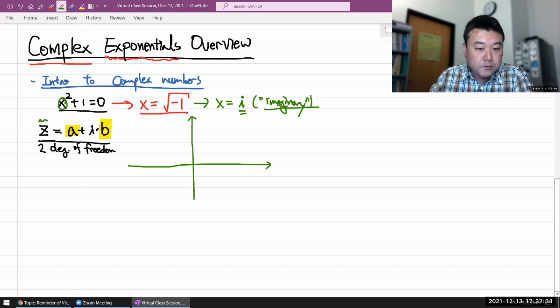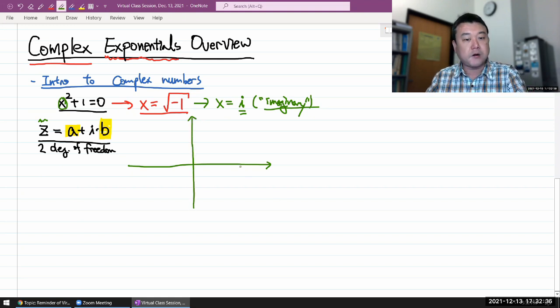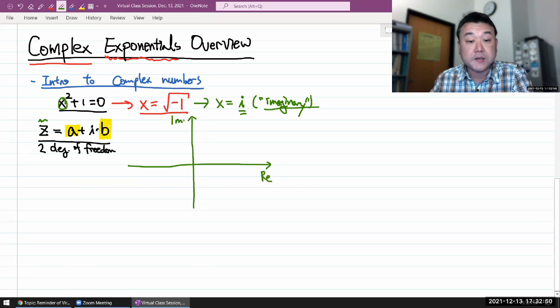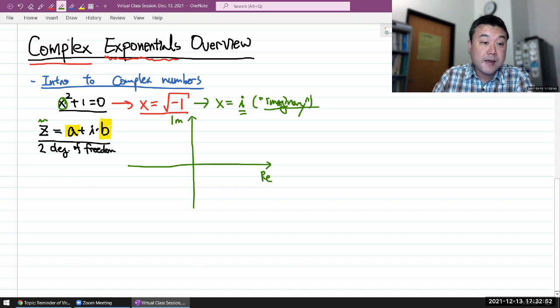When you represent a complex number on a complex plane, you have 2 axes that span the plane, and one of the axes you associate with a real component, the other axis you associate with the imaginary component, and any point in this plane can be characterized with the real part and the imaginary part.